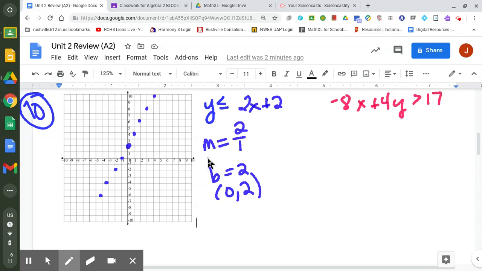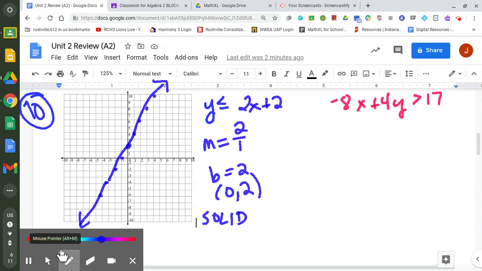And to decide if it is dashed or solid, I look at my original symbol. And since it has the equal to underneath it, then this line is going to be solid. And now to decide which side of the line I need to shade, I'm going to go back to my original.